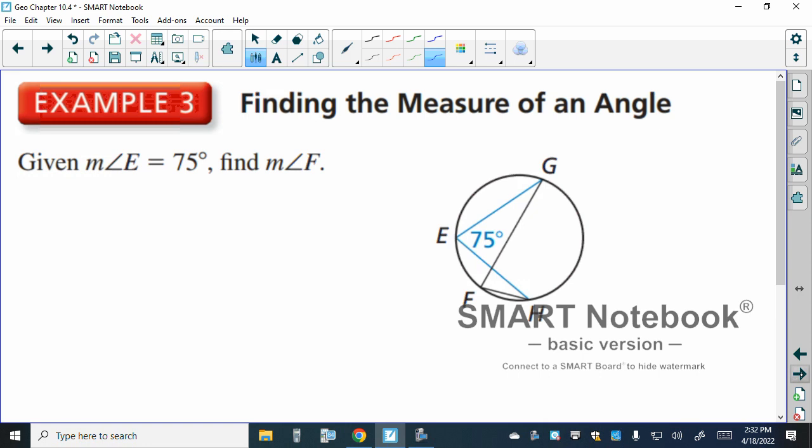So here, GEH and GFH share the same arc. So what do we know about angle E and angle F? E and F are going to be congruent, because they share the same arc.